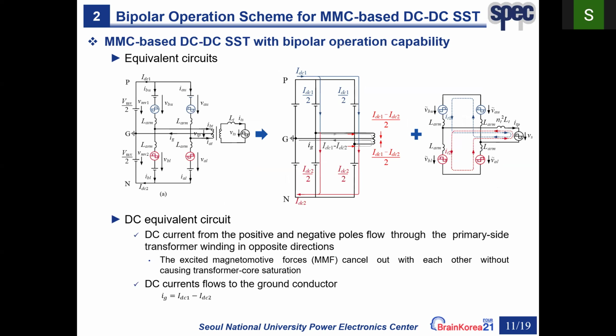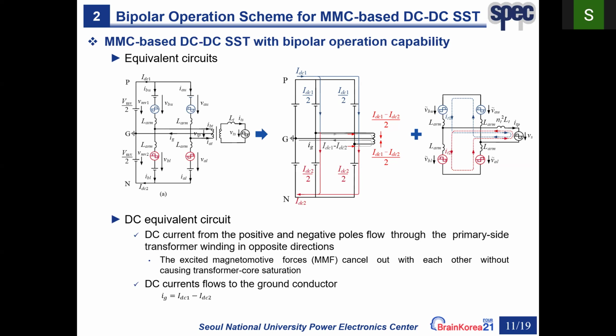The equivalent circuit of the MMC can be seen as the combination of the AC and DC equivalent circuit. From the DC equivalent circuit, it can be seen that the DC currents flowing through the positive and negative poles are different when transferring asymmetric powers.